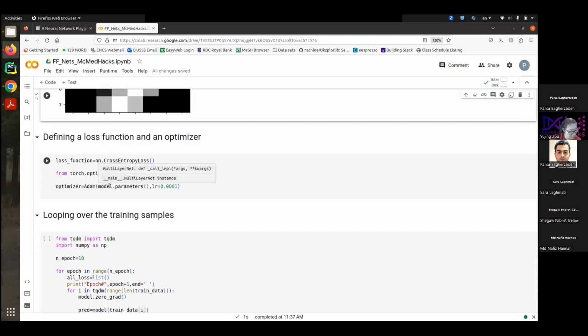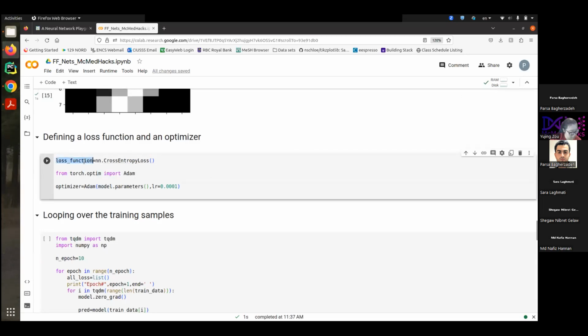Once we have defined our network, we then define the loss function that we are using to optimize this network. And we use an optimizer out of the set of optimizers available from PyTorch. For this tutorial, I'm using the Adam optimizer because it's a relatively good, robust optimizer that prevents falling into and sticking in plateaus and so on.